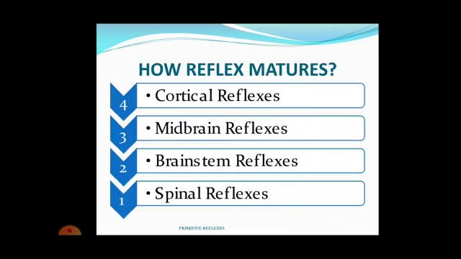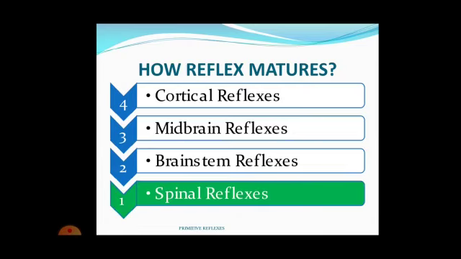Now, how do the reflexes mature? There are four levels as per different literature: cortical reflex, midbrain reflex, brainstem reflex, and spinal reflex. How will these reflexes start? First, there will be appearance of spinal reflexes.